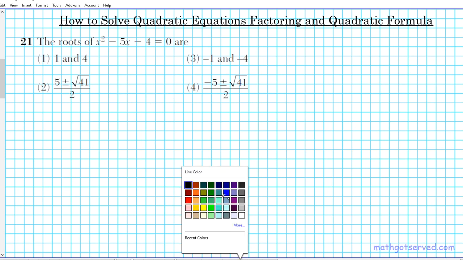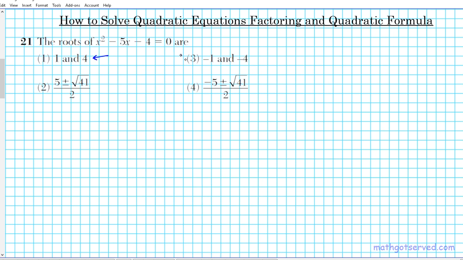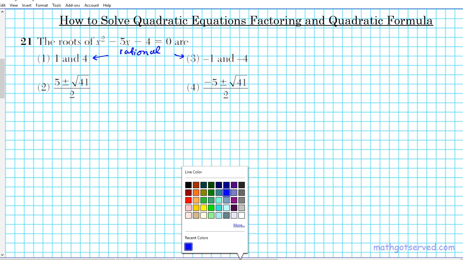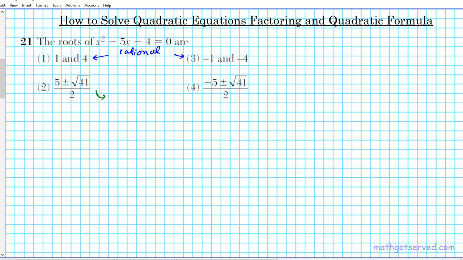So let's make note of that. Options 1 and 3 are rational roots, and options 2 and 4 are irrational roots.